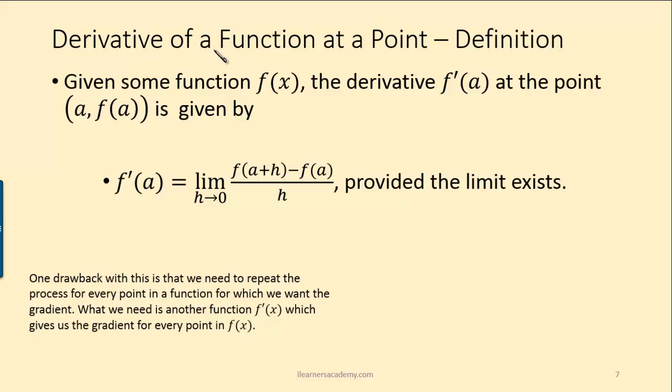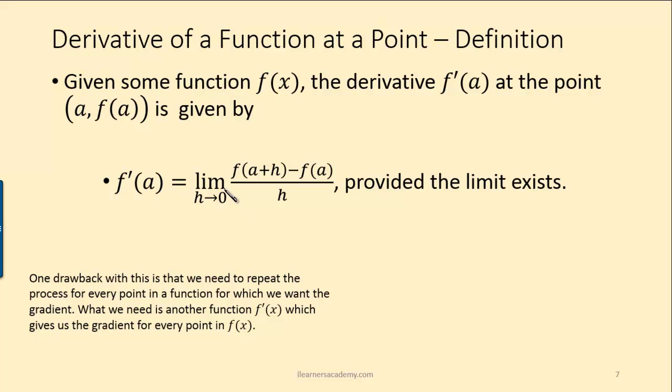Let's now formally define what we mean by the derivative of a function at a point. If you have some function f of x, and you have some point in that function, a, so x is equal to a here, (a, f of a). So remember, this gives us the y value. The derivative at the point where x is equal to a is going to be written as f prime of a. So note, f prime of a is the derivative of the function at x equal a.